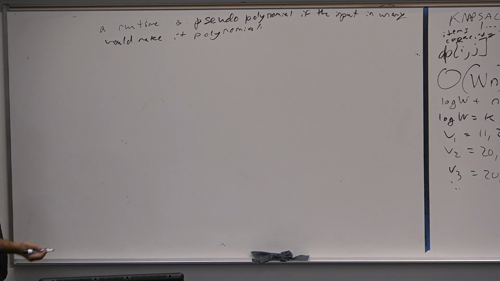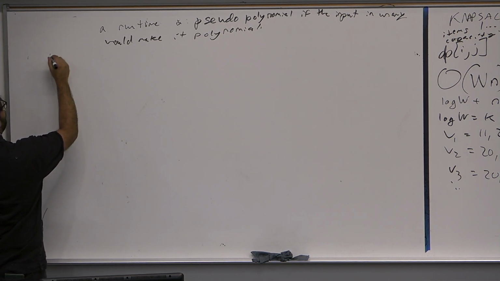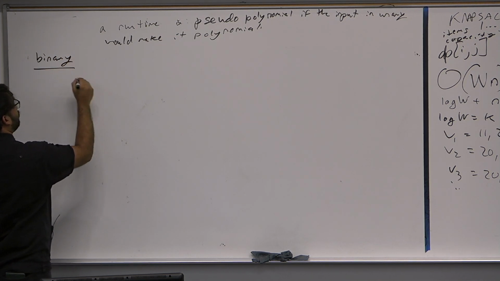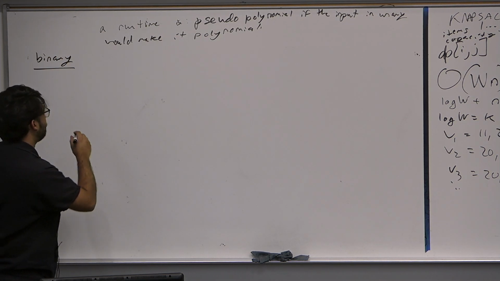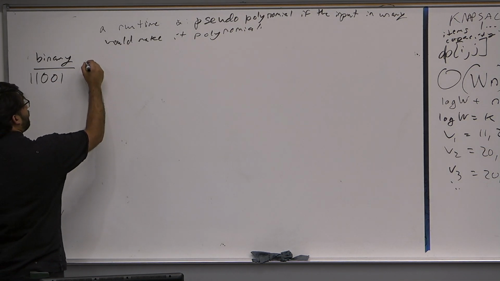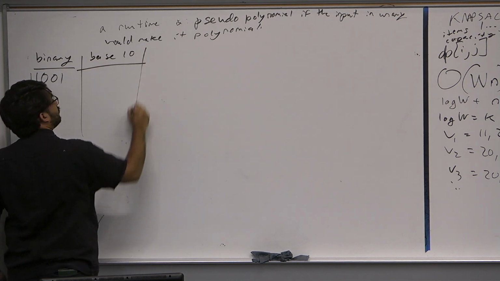What is unary? Have you heard of unary encoding before? Give me 25 in binary. What's 25 in binary? 1, 1, 0, 0, 1. Is that right? I believe you. 25 in base 10 is what? Yeah?